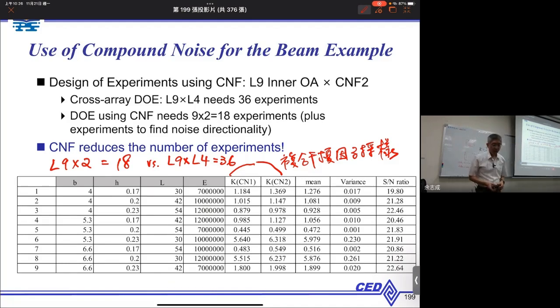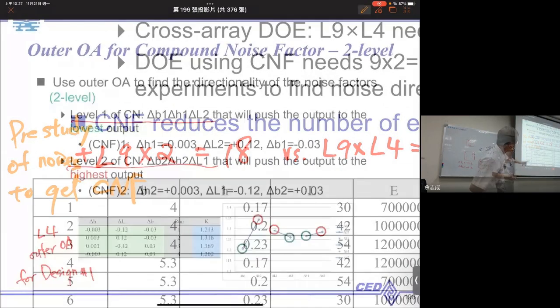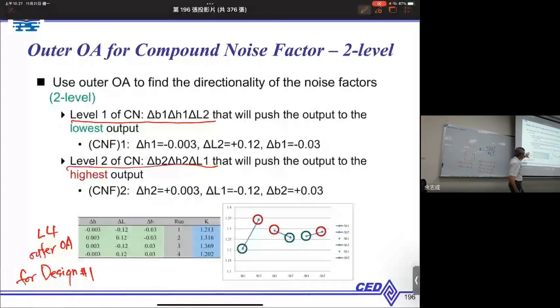Honestly speaking, we are not just using 18 experiments. Why? Because we need to do some pre-study first. We need to do some pre-study to get the compound noise. We did one outer array experiment, 4 samples over here. From these 4 samples, we come up with the compound noise.